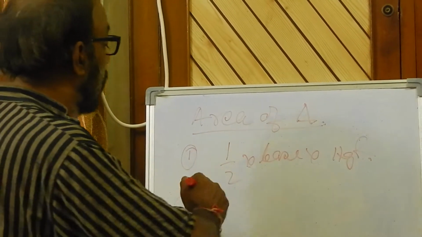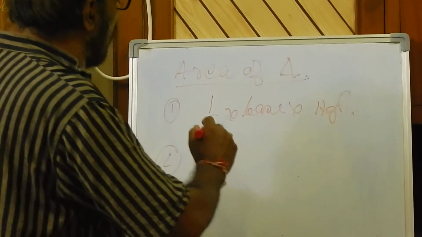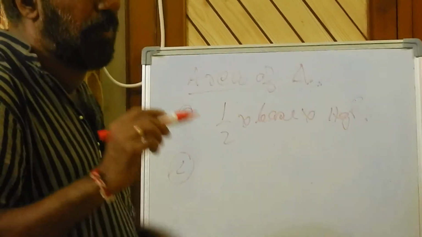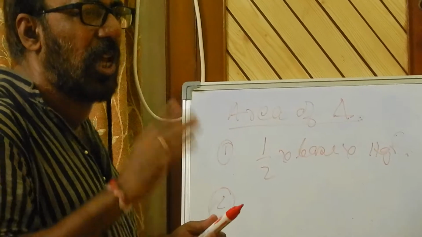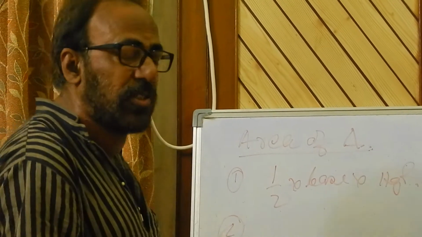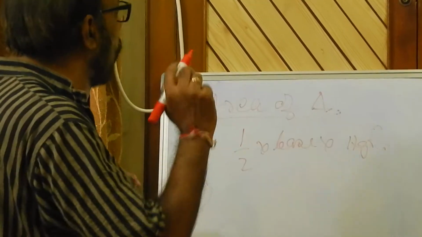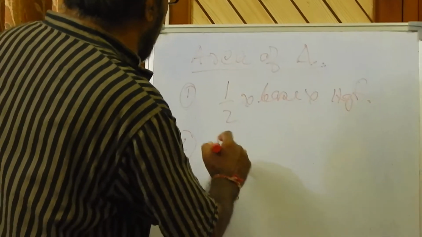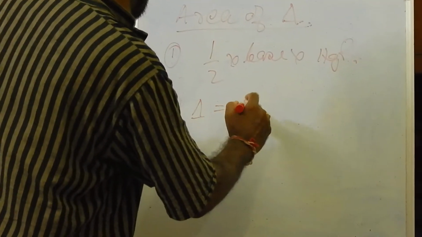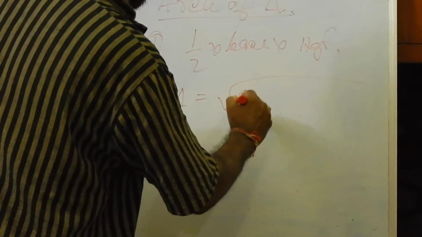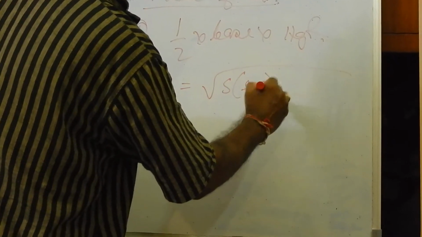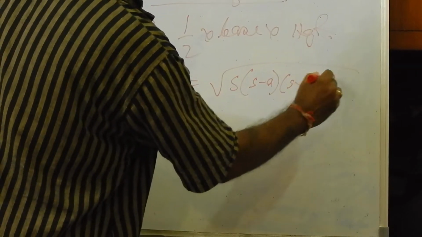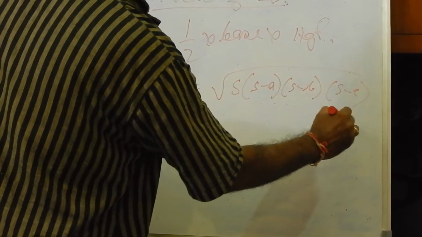So the semi-perimeter S is A plus B plus C by 2. So Heron's formula is: area of a triangle equal to root over S into S minus A, S minus B, S minus C square unit.